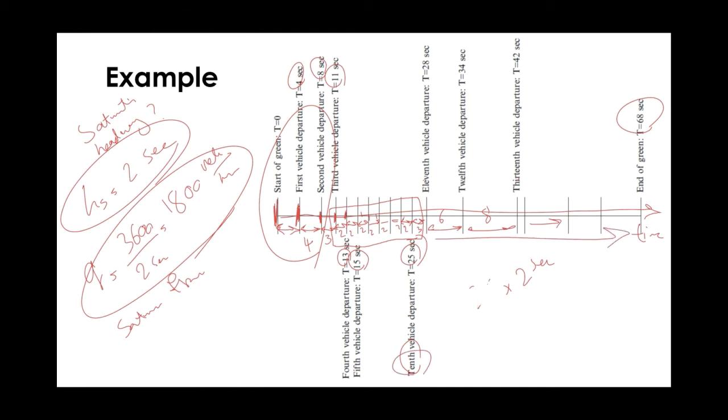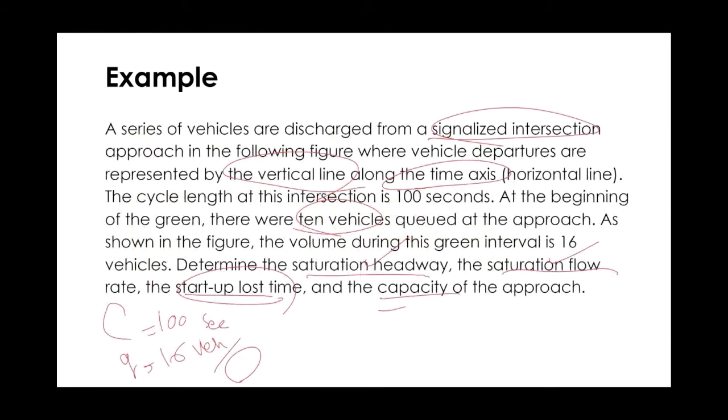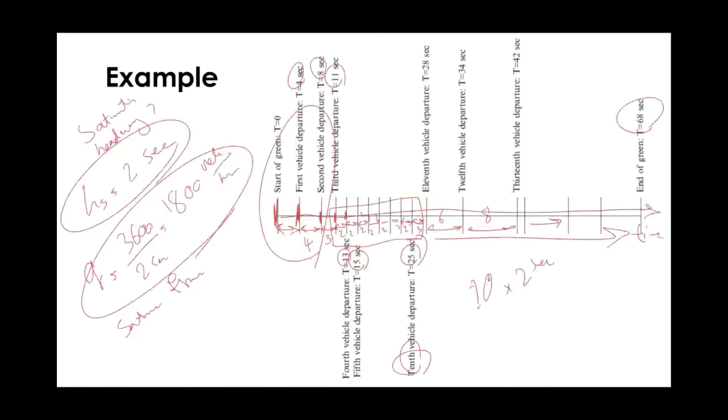After this point, there's no queue. The demand goes down and vehicles start arriving with a large time distance. The problem was also saying that there are 10 vehicles in the queue.